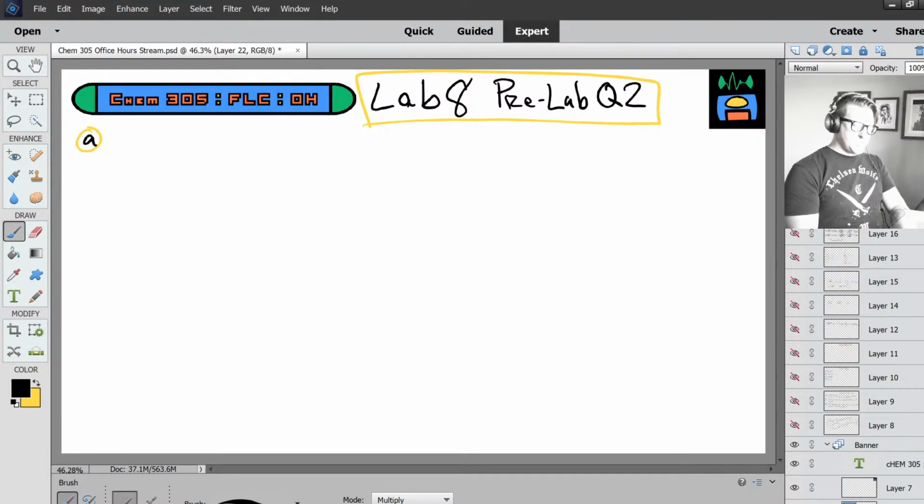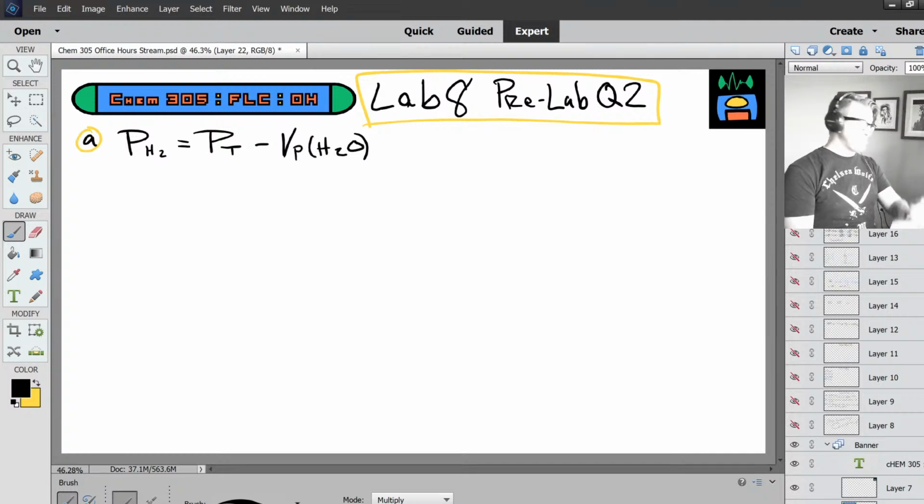All right, so the pressure of hydrogen is equal to the total atmospheric pressure minus the vapor pressure of water. All right, that's what the partial pressure of hydrogen is equal to.